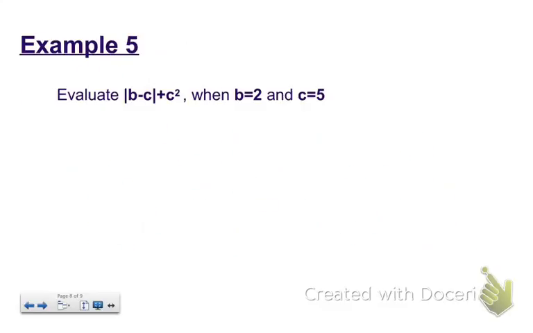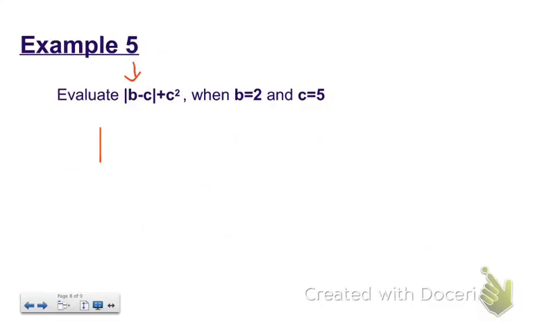Alright, and for your last example, notice this time we have absolute value. So before you can take the absolute value, you have to finish simplifying what you see inside first. So again, go ahead and plug it in.